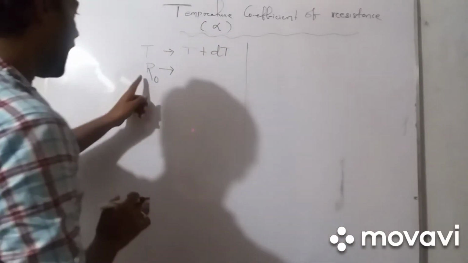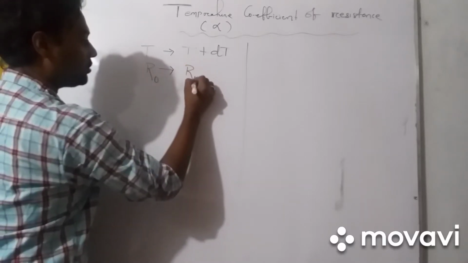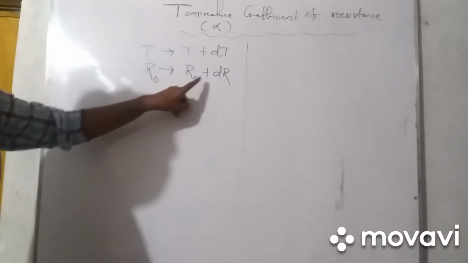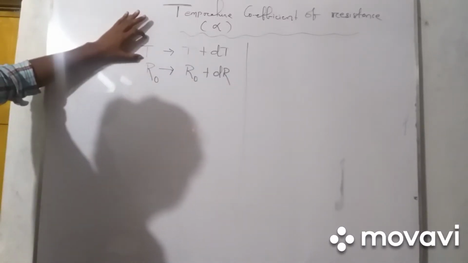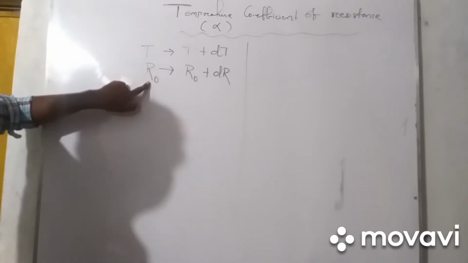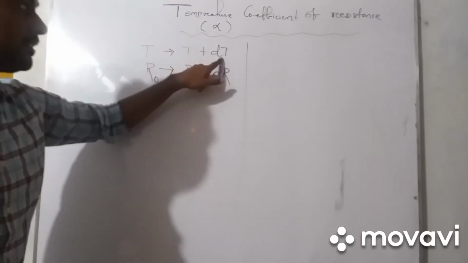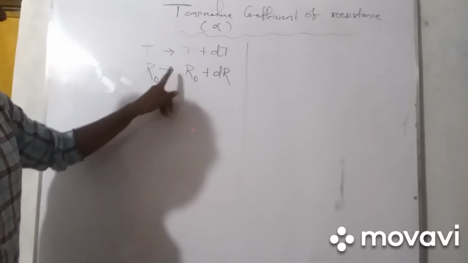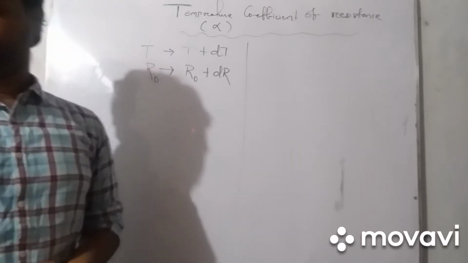That means R naught goes to R naught plus del R. Initially, at a given temperature, the resistance is the initial resistance R naught. After the temperature increases from T to T plus dt, the resistance increases to R naught plus del R. Clear?